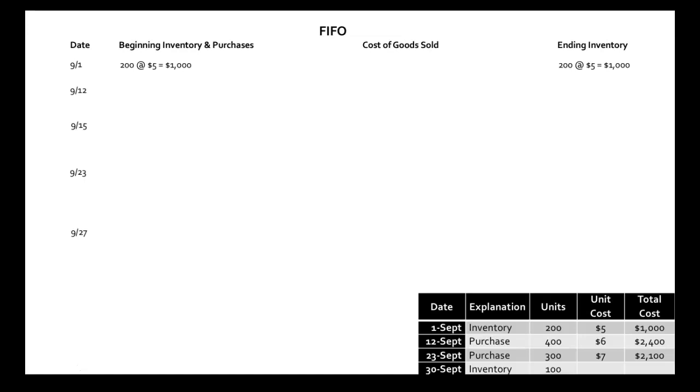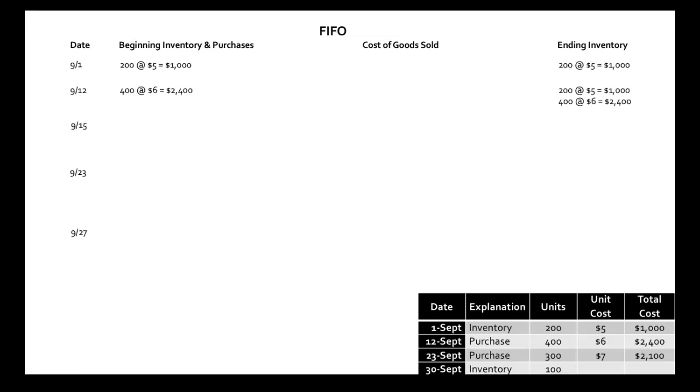Now, September 12th, we see that we made a purchase of 400 units at $6 a piece for a total cost of $2,400. So we put that under purchases, and then we work our way over to the ending inventory column. And you'll see that we rewrite the 200 at $5 a piece for $1,000 because we still have that inventory.